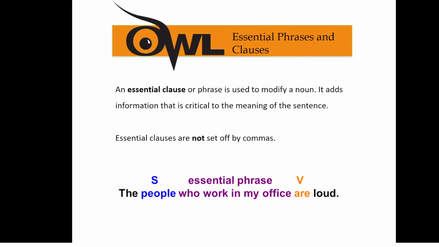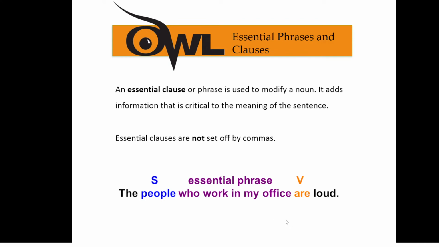Well, this PowerPoint is going to draw that distinction between information which is essential and information which is not essential. Their definition is that an essential clause is critical to the meaning of the sentence. That's a decent way to think about it. With an essential clause or essential phrase, you cannot take it out and have it mean the same thing.